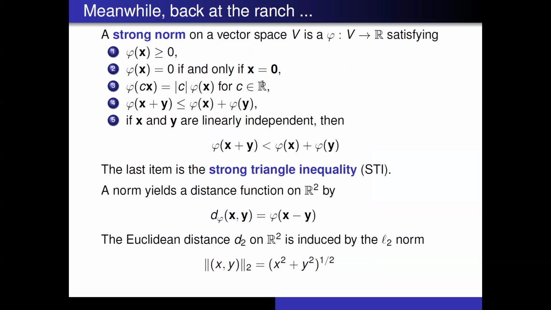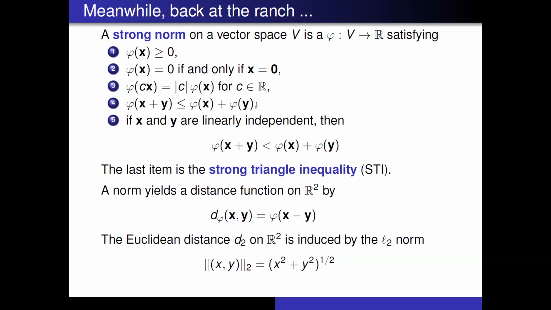So phi of x is strictly greater than 0 if x is not equal to 0, phi of cx is the absolute value of c times the norm of x. And then it satisfies the triangle inequality.